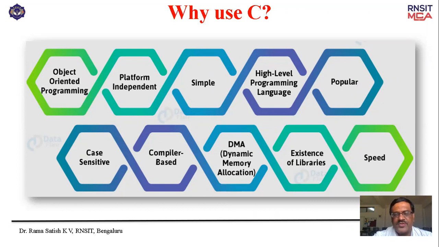And it has a very huge set of libraries, a rich and efficient library, and you can also contribute. Another thing is that, compared to any other programming language, a C program compiles and executes at greater speed. So that is one very important thing.